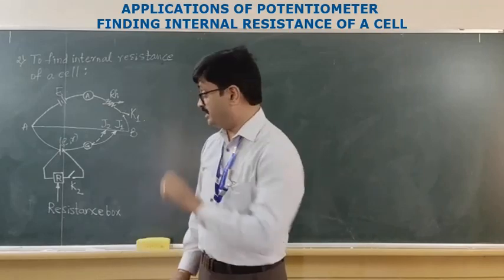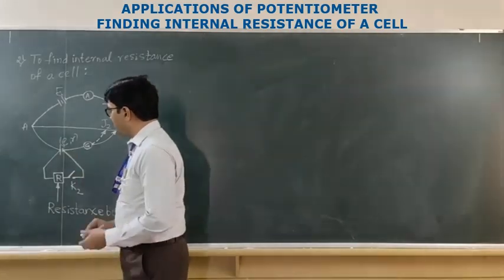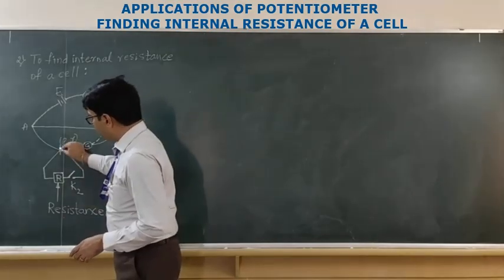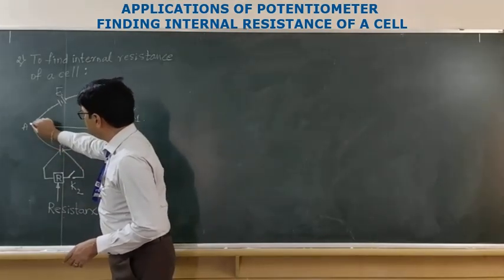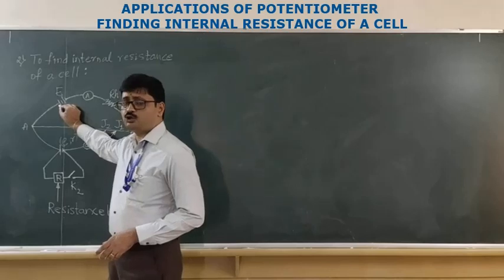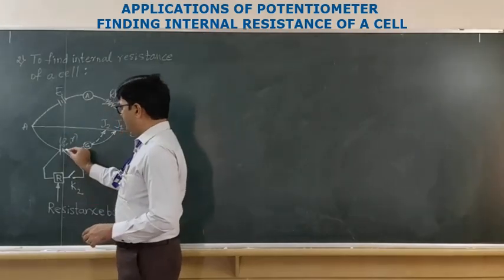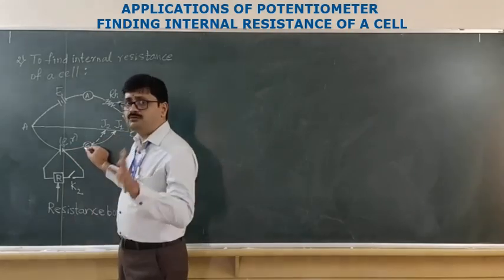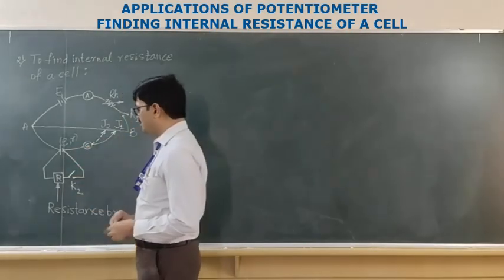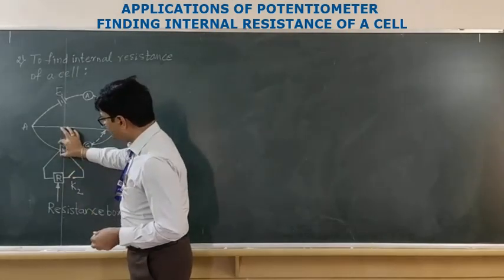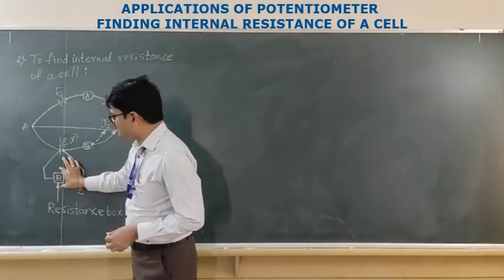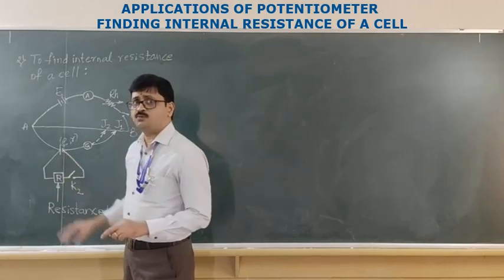For this particular cell, I will connect the positive terminal of the cell to the positive terminal of the strong battery. And the negative terminal of the cell is connected to the jockey through a sensitive galvanometer, and also across this particular cell I am considering a standard resistance box.